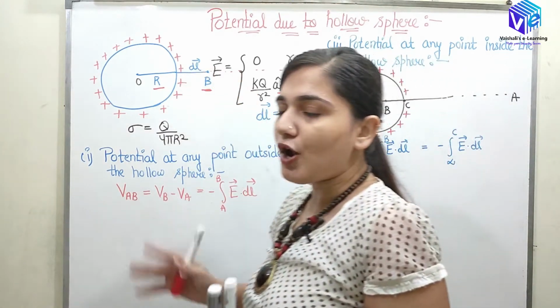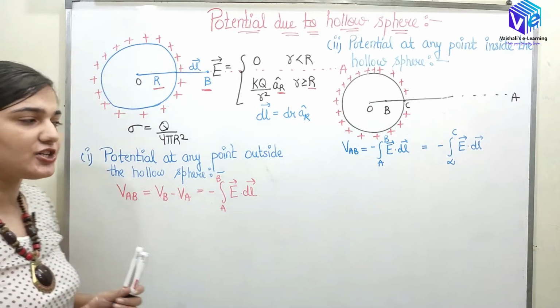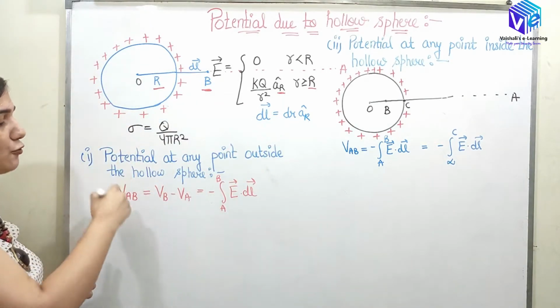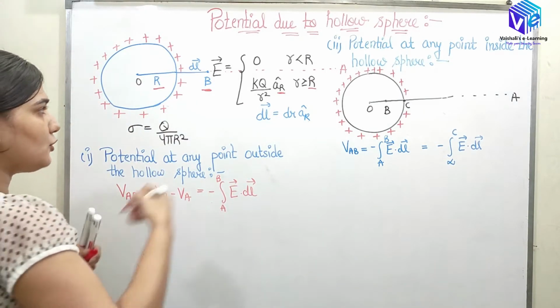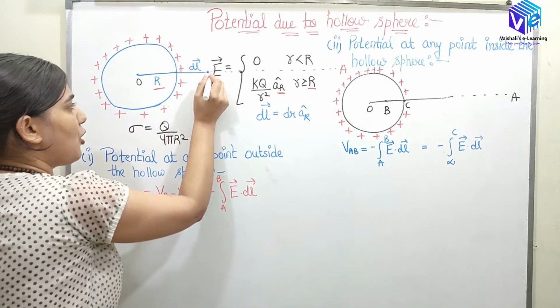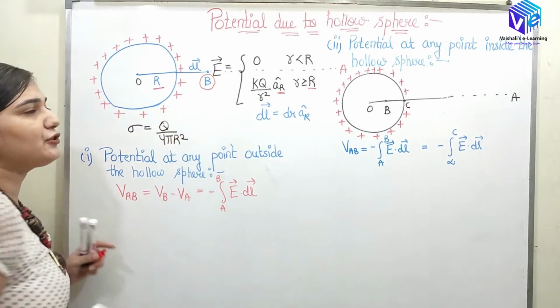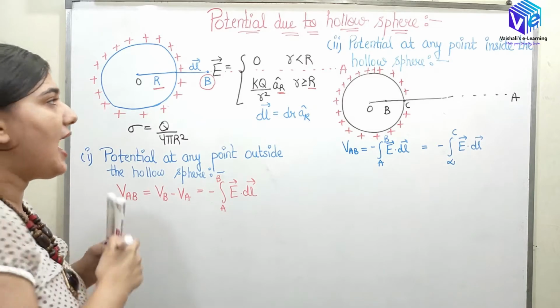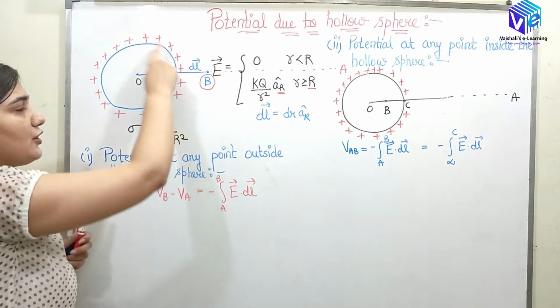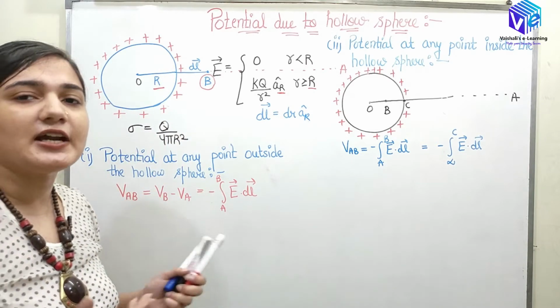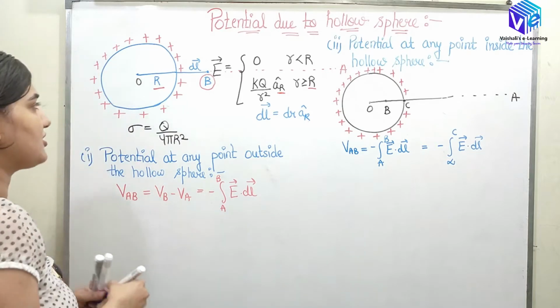So first let's talk about the potential at any point outside the hollow sphere. Let's take again this point B, and I have to find the potential at this point B due to this hollow sphere which contains a uniform charge distribution.